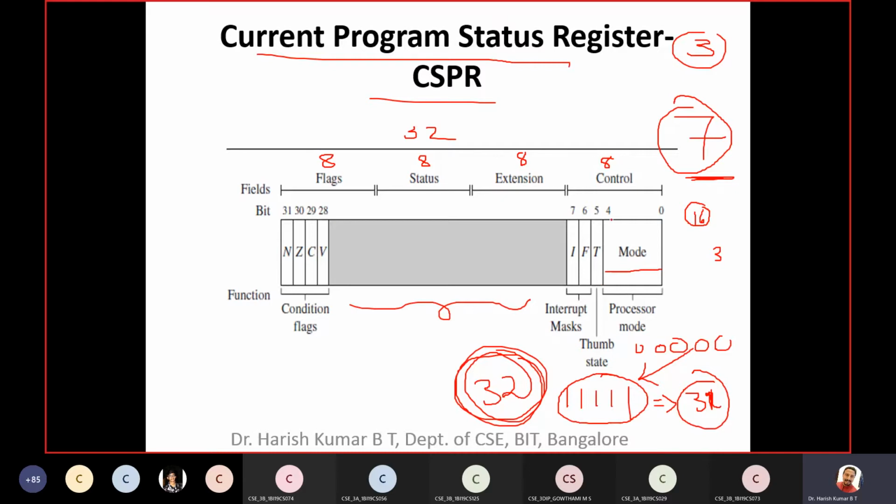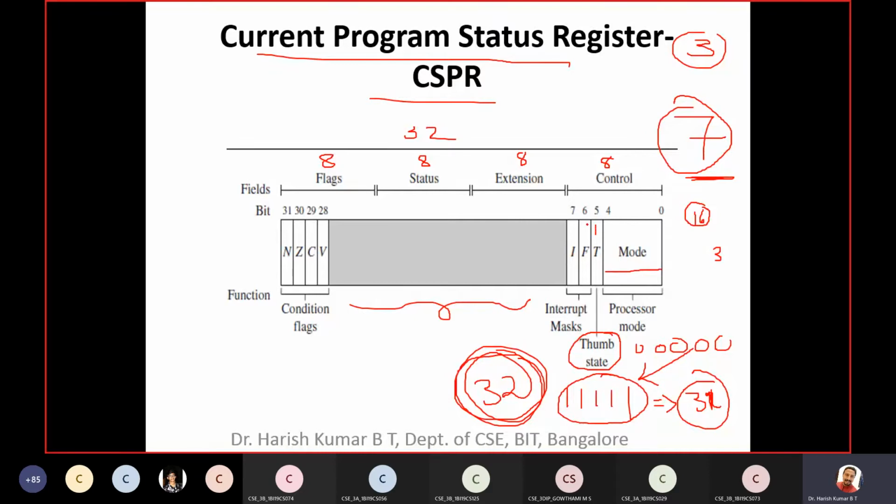Next, let us move on to the next bit, the 5th bit. What is it? You can see here. Thumb state. If you want to make your ARM processor operate in the thumb state, then this 5th bit in the current program status register, the CPSR, should be made 1.